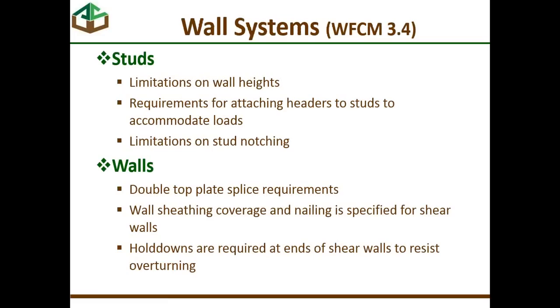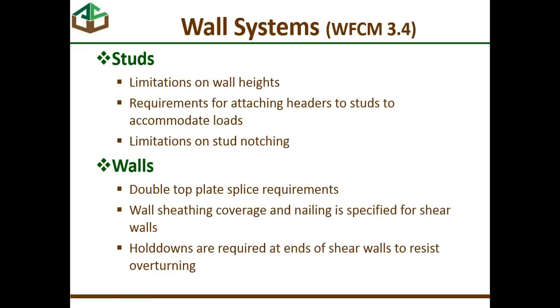Okay, let's take a look at wall systems. So we have studs now that have limitations on wall heights, requirements of attaching headers to studs to accommodate the loads, and there's a limitation on notching the stud so we don't take too much strength out of a wall stud. These systems are all described in section 3.4 of the wood frame construction manual.